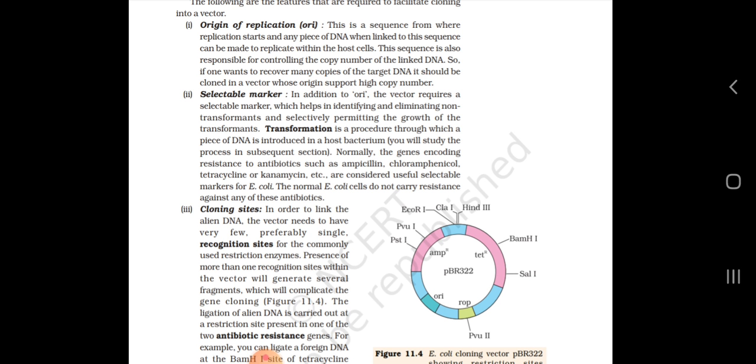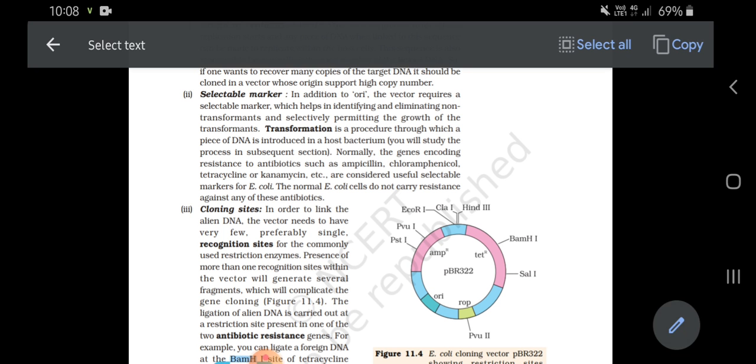So genes encoding resistance to antibiotics like ampicillin, chloramphenicol, tetracycline or kanamycin are useful selectable markers for E. coli, and normal E. coli do not carry resistance against any of these antibiotics. Okay, so this was about antibiotic resistance, the selectable marker.